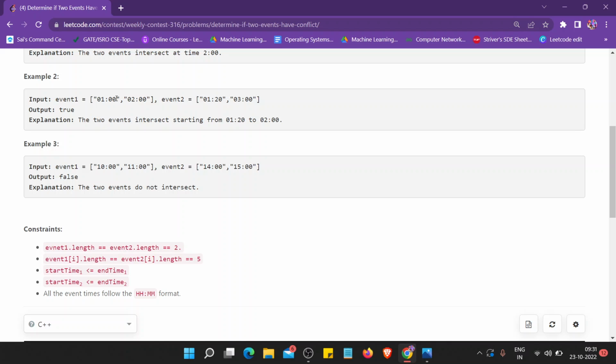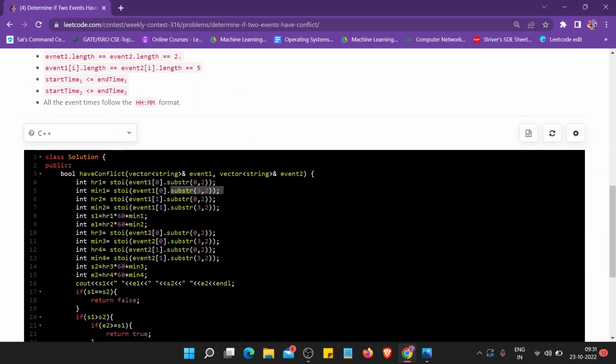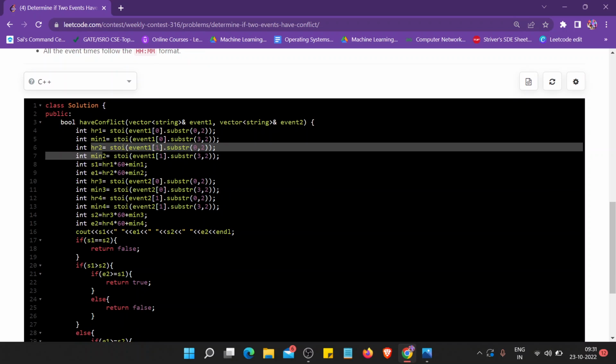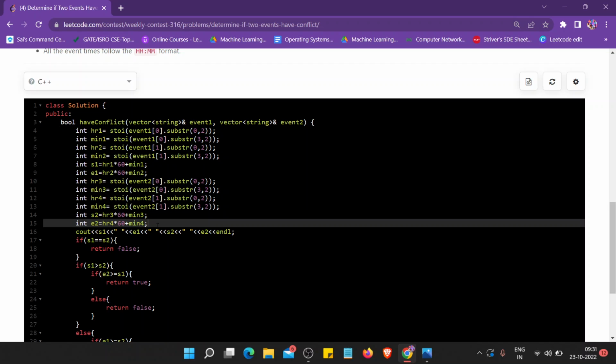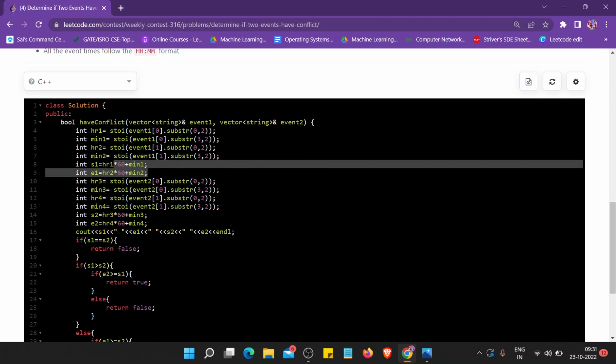Like here it's 00, so we store 00 in minutes. Similarly, in hour2 and minute2 we store respectively. And for the second event we do the similar thing. Here we convert the given time to minutes.